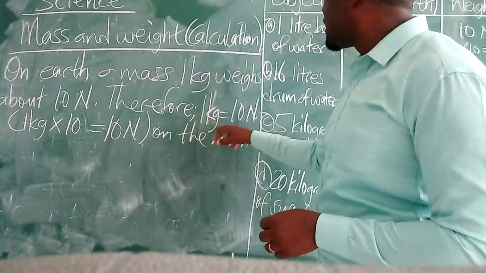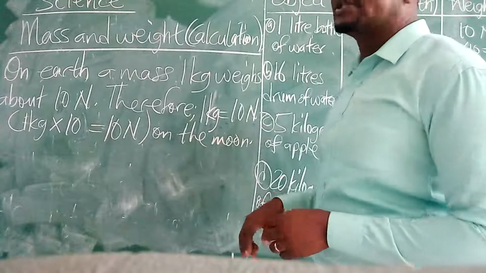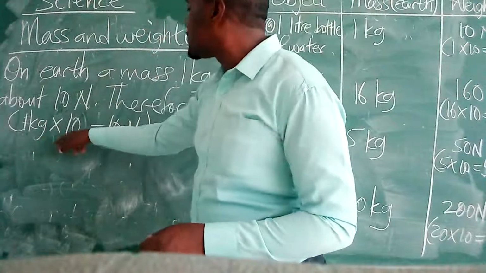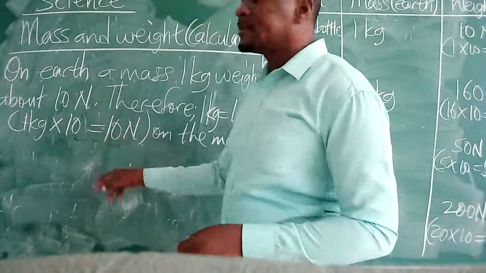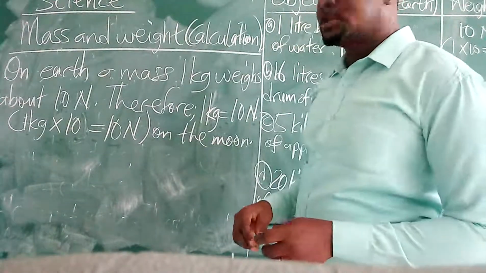Therefore, 1 kilogram of mass is equal to 10 Newton. So here, 1 kilogram times 10 is equal to what? 10 Newton.